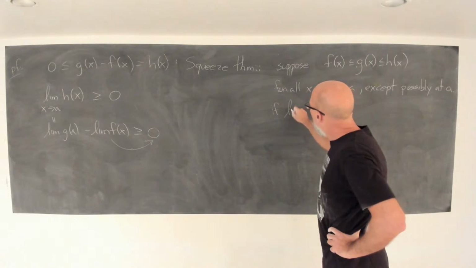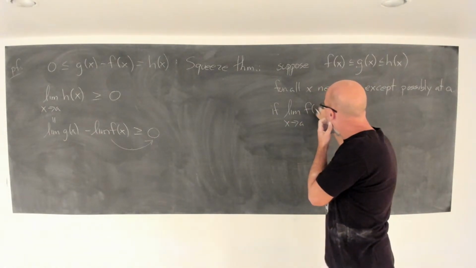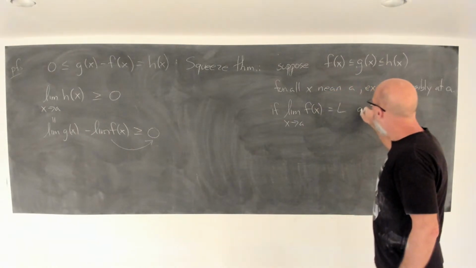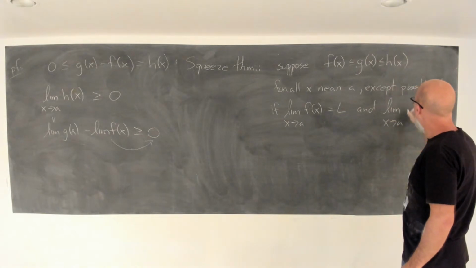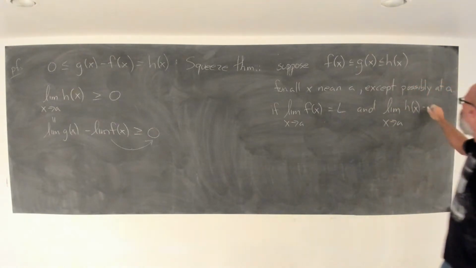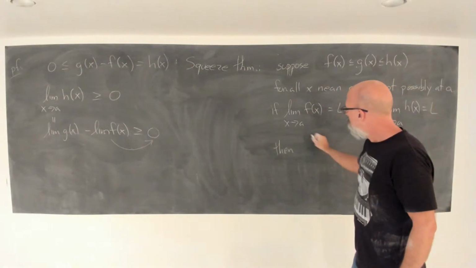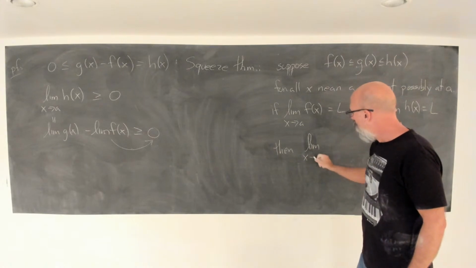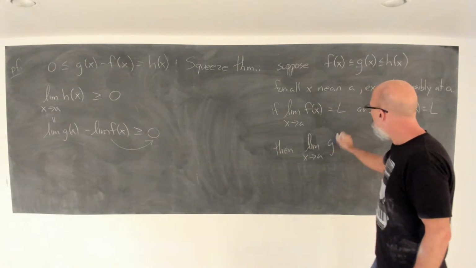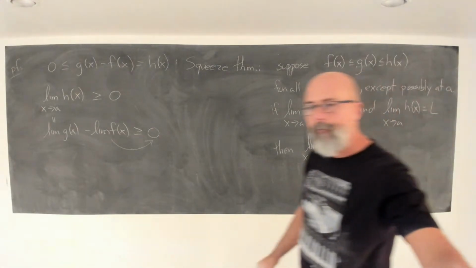If the limit as x goes to a of f is L, and the limit as x goes to a of h is L, then the limit of g is also L.